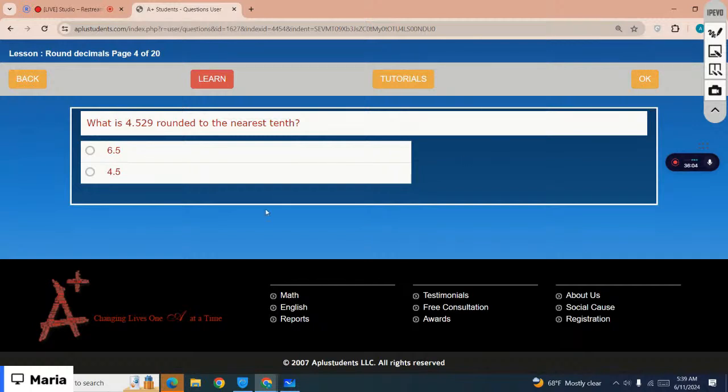The correct option, you have to round off to the nearest tenth. 4.529 rounded to the nearest tenth, which is the correct option?